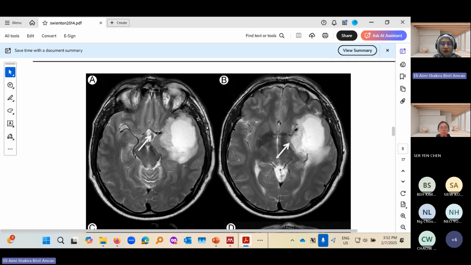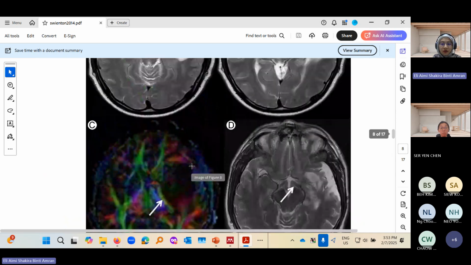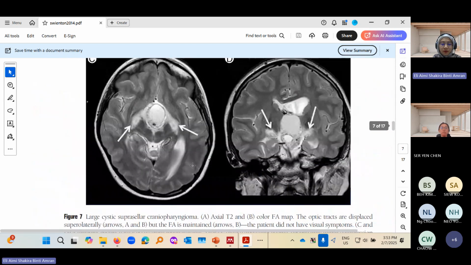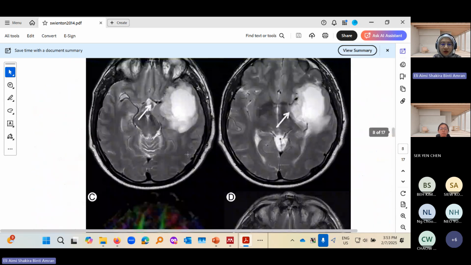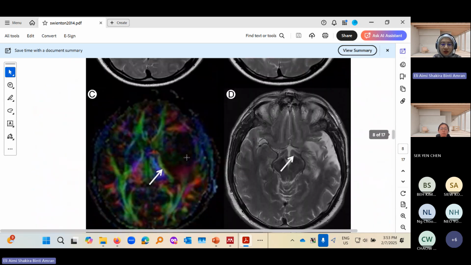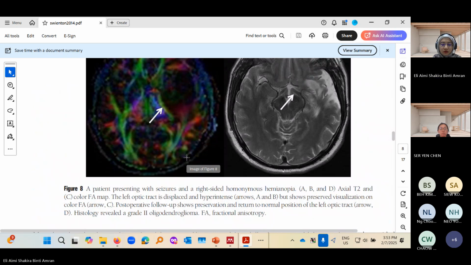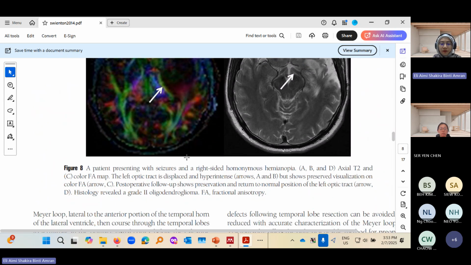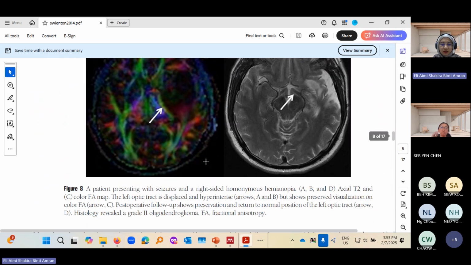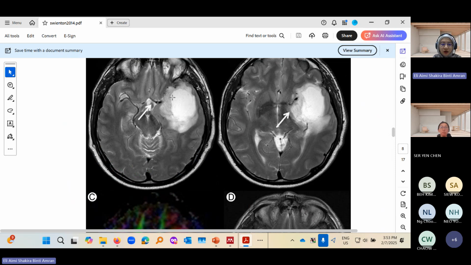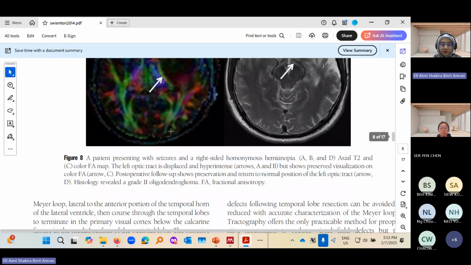Enlargement of the optic tract. So large compared to the previous patient. Okay, this is the optic tract, and it becomes so large until the optic tract is displaced. So basically because of the mass, the optic tract is displaced.